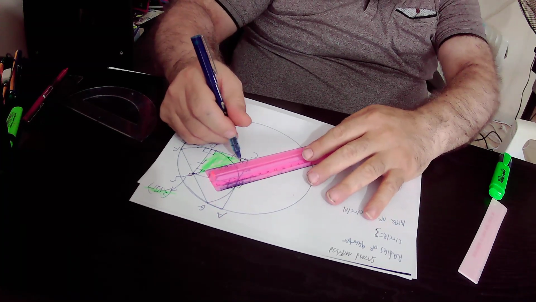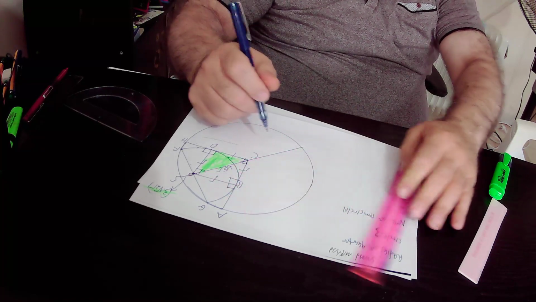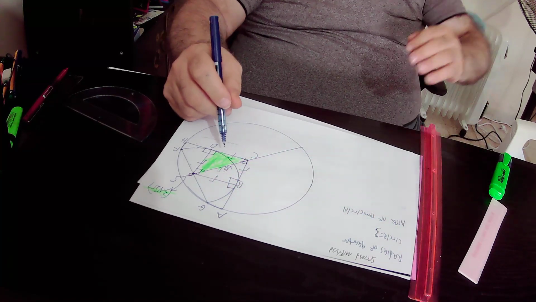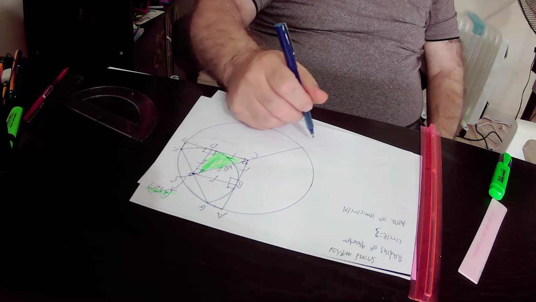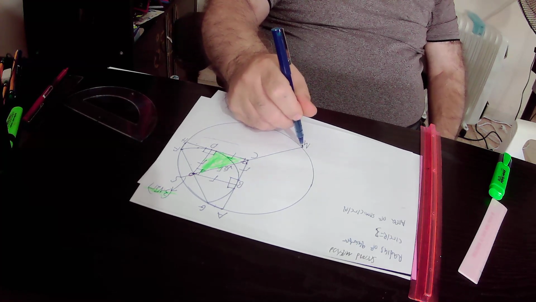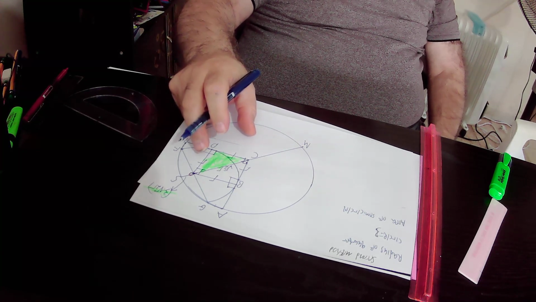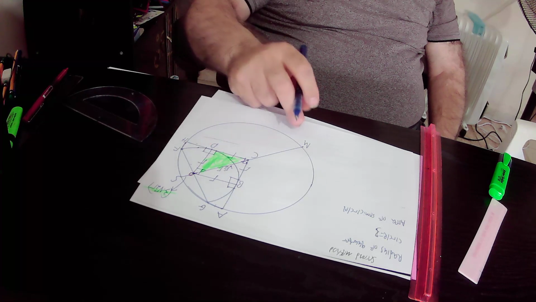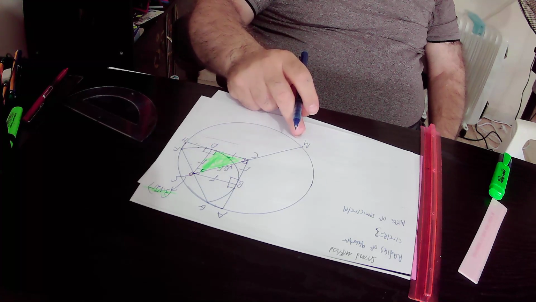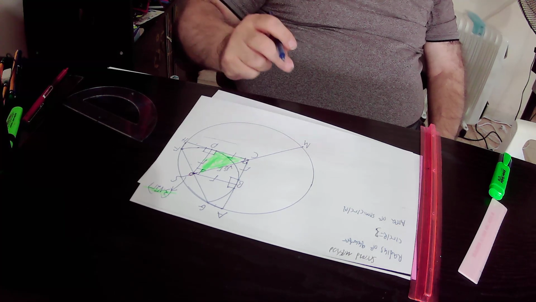Okay? Here, the touching point of the extended diagonal OC with the circle will be defined as point M.